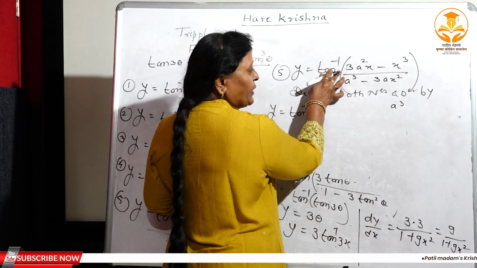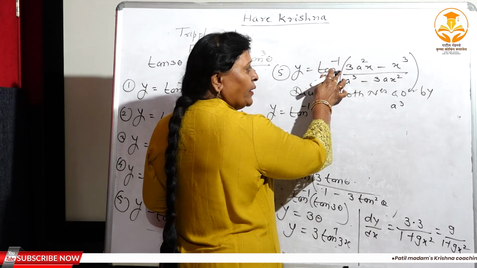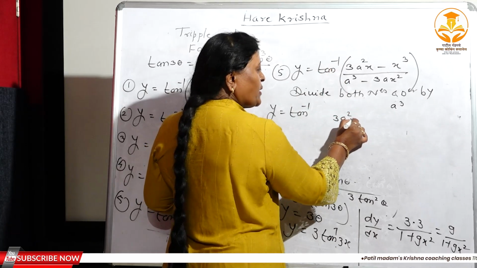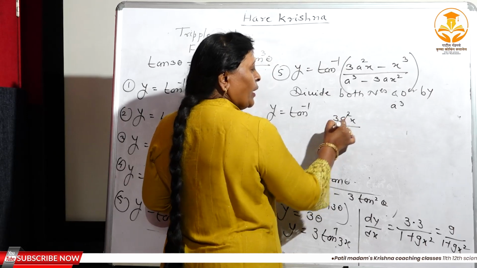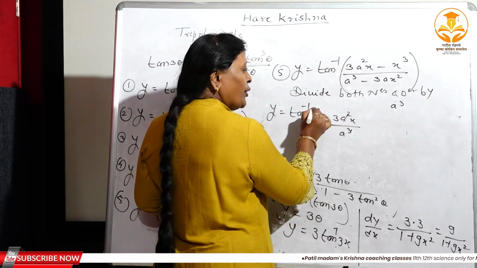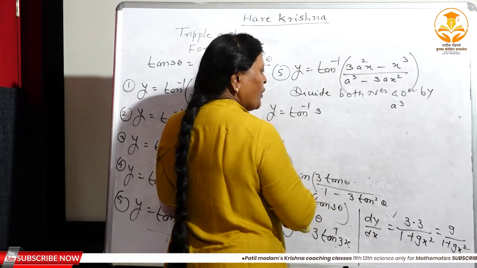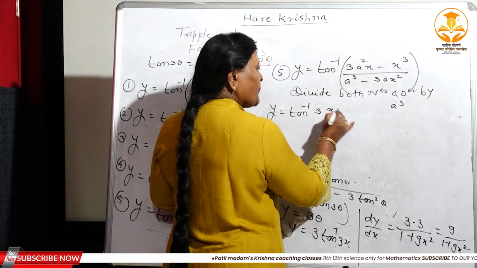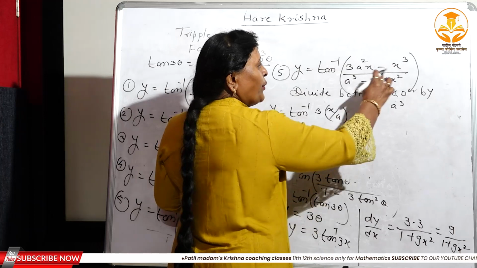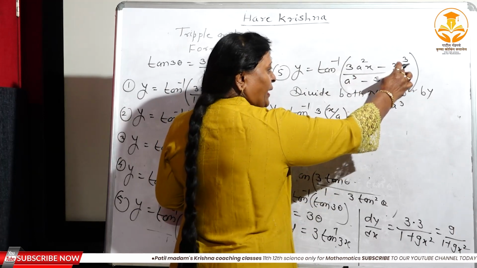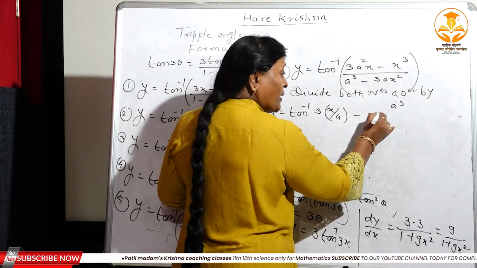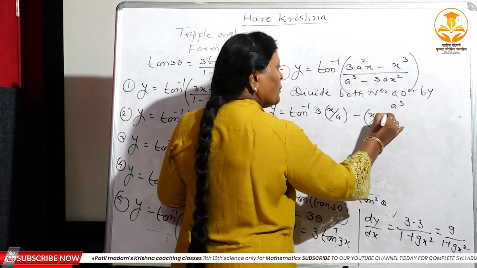When you divide it with a cube, what will you get here? That is 3a square x divided by a cube. A square gets cancelled. Here you have got 3 and 1 a remained. Therefore, here you have got 3 into x by a. Right? When you divide x cube by a cube, it means x divided by a whole cube.